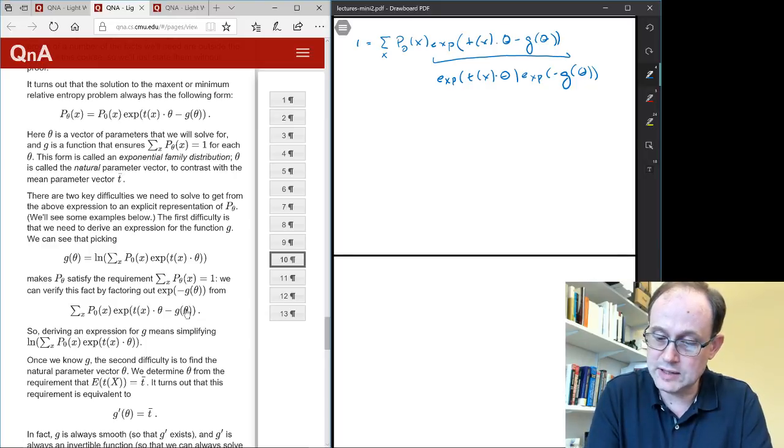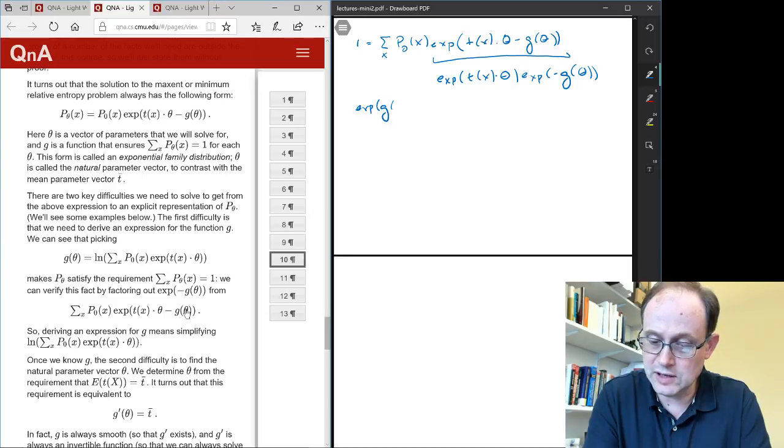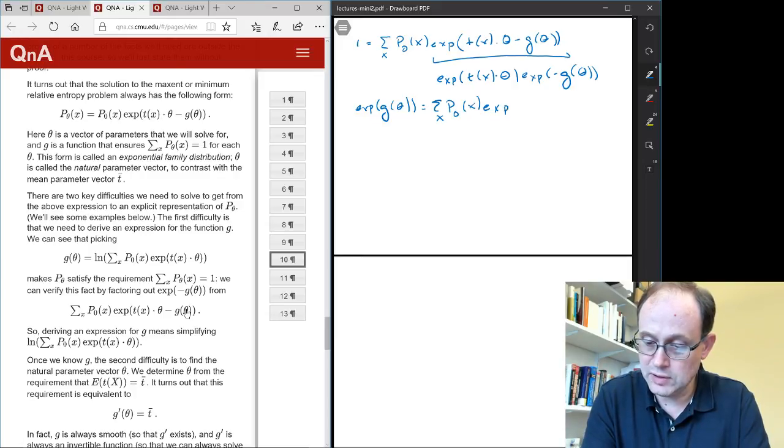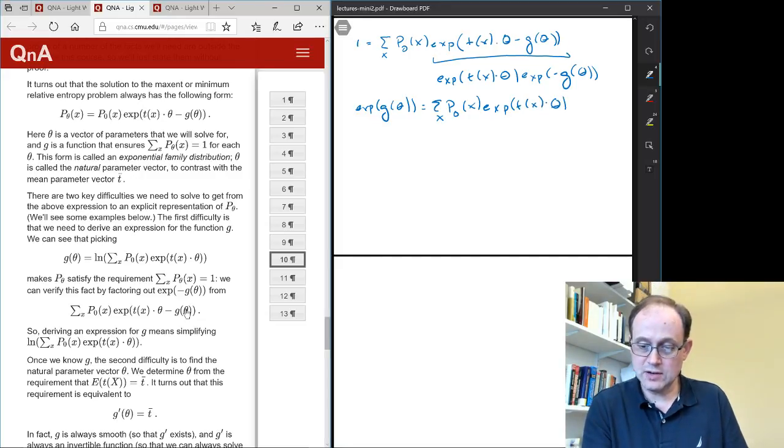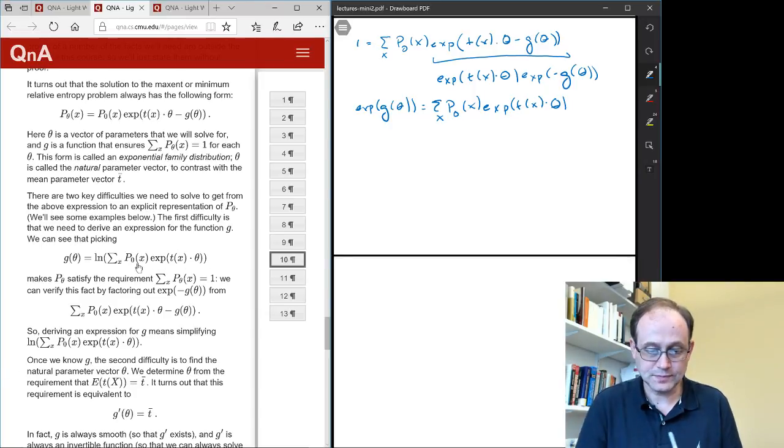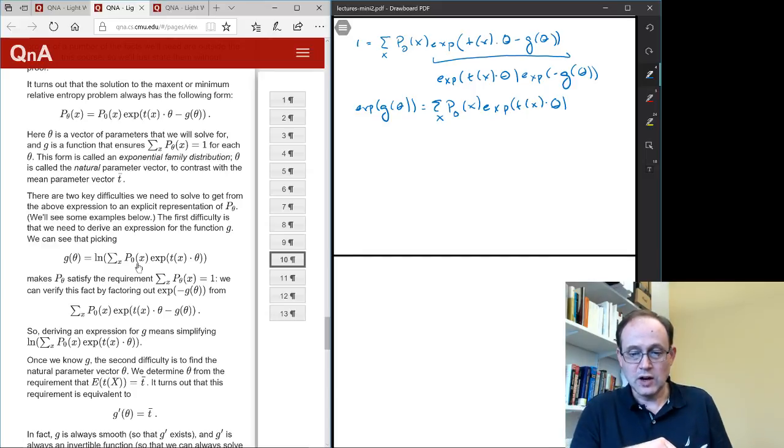And we have that exp of g of theta is equal to the sum over x, p0 of x, exp of t of x dot theta, right? And so that expression is equivalent to this one here. All right, so that's an expression for g.